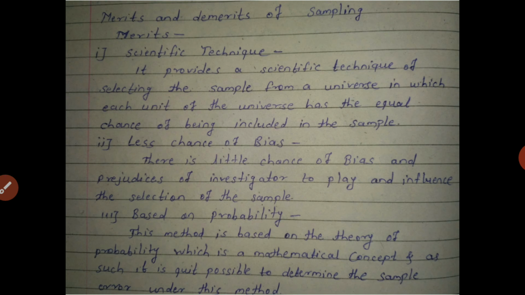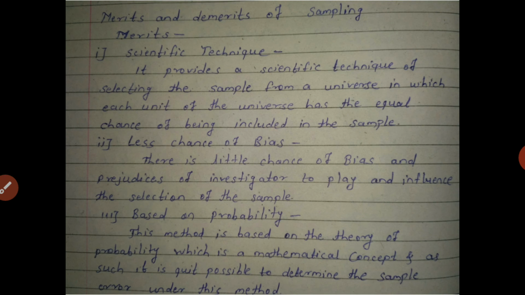Then less chance of bias. There is little chance of bias and prejudices of the investigator to influence the selection of the sample. As we select the sample randomly from our population, the investigator has very little role to play and cannot influence the selection of the sample.